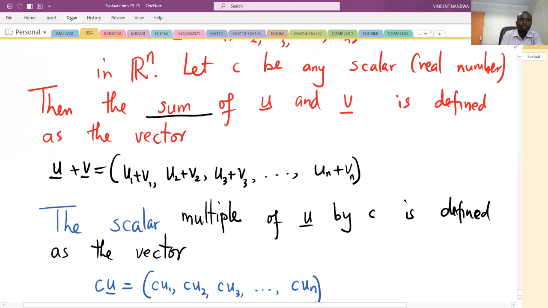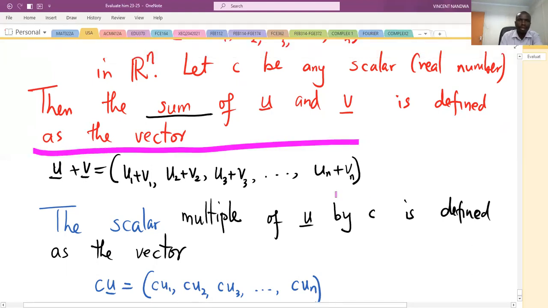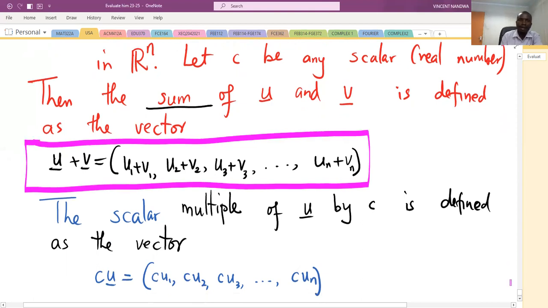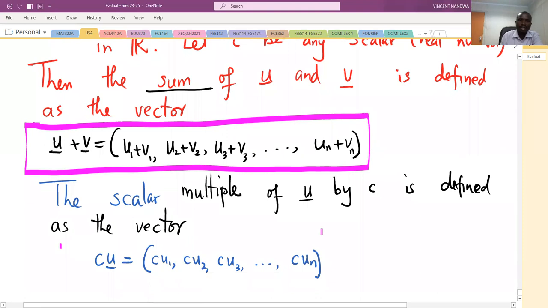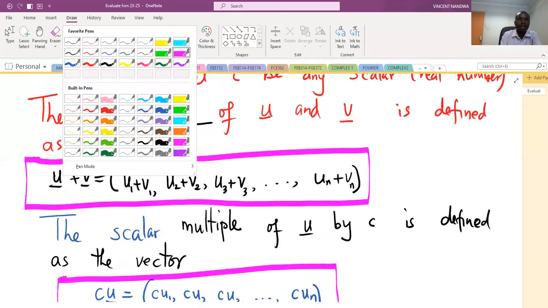So those are the two definitions for vector addition of vectors in Rn and scalar multiplication of a vector in Rn. So next time we'll define what we mean by a space and then what we mean by a vector space.